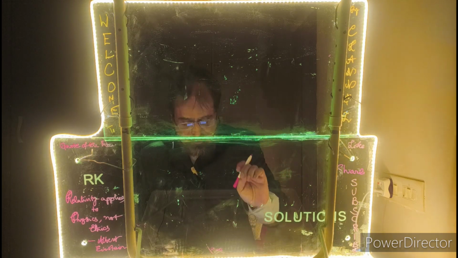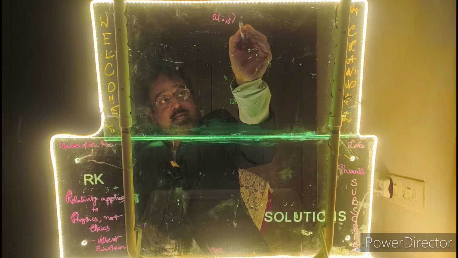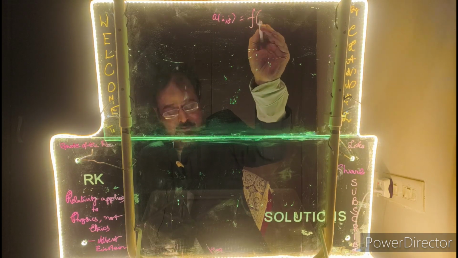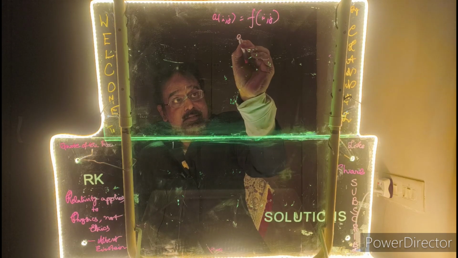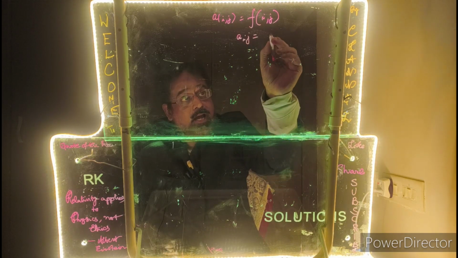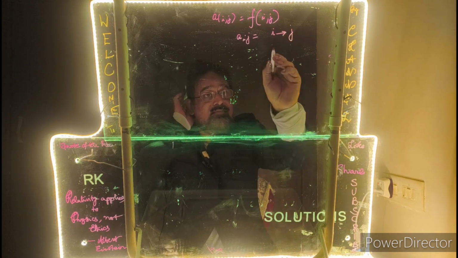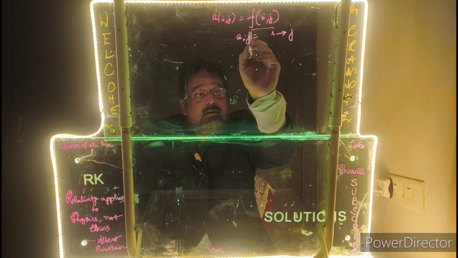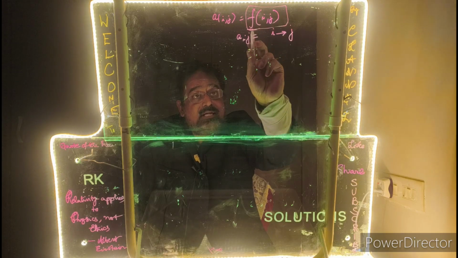Sometimes entries of a matrix can be defined by a formula. See, Aij can be defined by a formula, a function. You can say Aij is equal to i to j. Meaning, this is not exactly an immediate element, but this is in turn a function kind of thing.